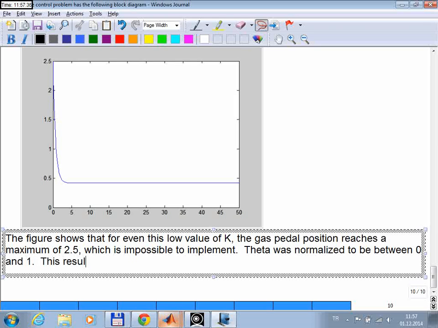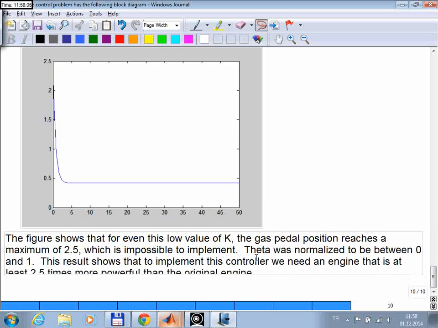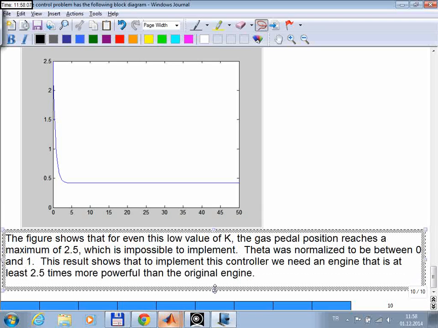So this result shows that to implement this controller, we need an engine that is at least 2.5 times more powerful than the original engine. Okay?